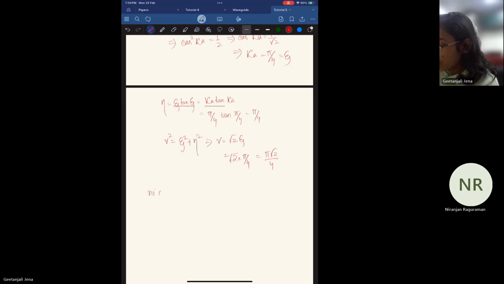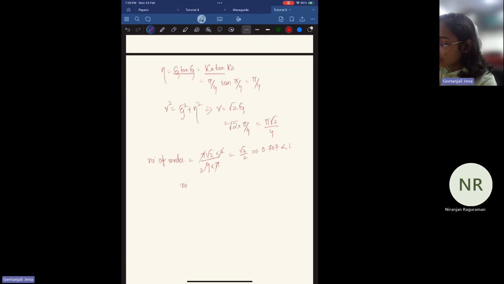Now for planar waveguide, we need to divide it with pi by 2. So 2 will cancel, pi will cancel. This is root 2 by 2, which is 0.707. So this is less than 1, right?